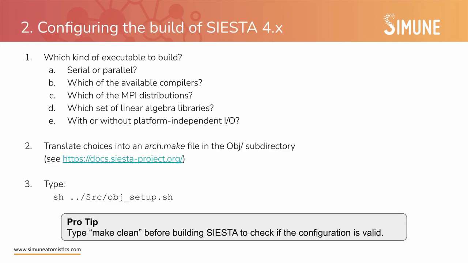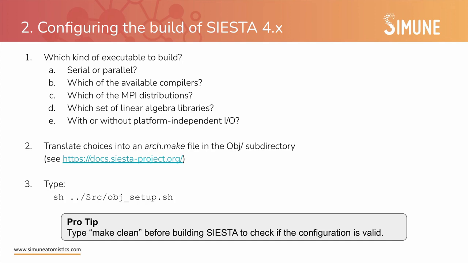Once we have a proper build environment, we have to decide which kind of SIESTA executable we want to build. So serial or parallel, which compiler do we want to use, which MPI distribution will we use if we want a parallel SIESTA executable, which set of linear algebra libraries, this depends a lot on the compiler you want to use, and with or without platform independent I/O, so netcdf, this will depend a lot on what will be done when executing SIESTA.